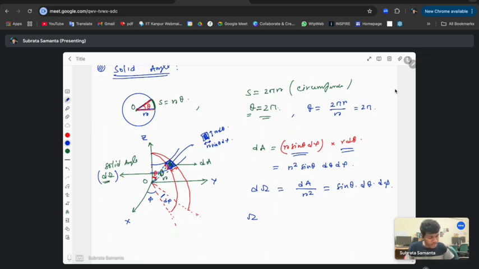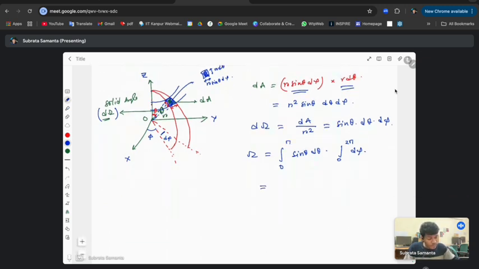Now if you calculate omega, the total solid angle, you have to integrate. The theta limit is 0 to pi, sin theta d theta, times 0 to 2 pi, d phi, right?